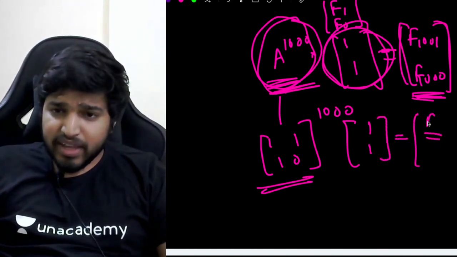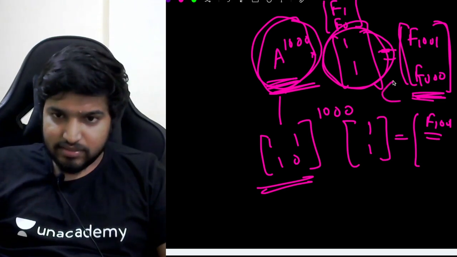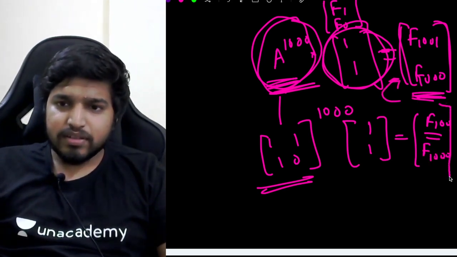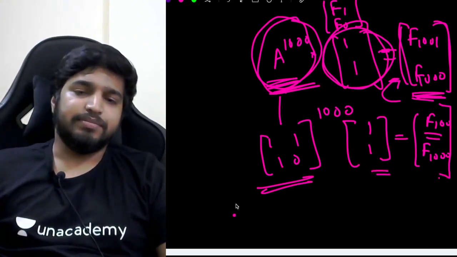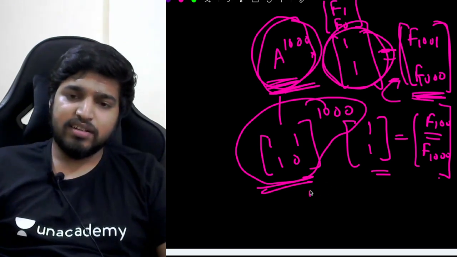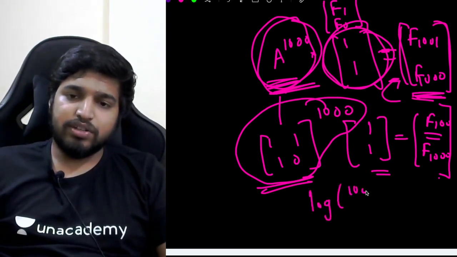Here you'll get F1001 and here F1000. Easy. And we have already discussed that you can calculate it in log of 1000 to the base 2.